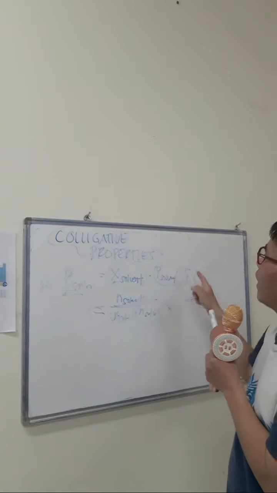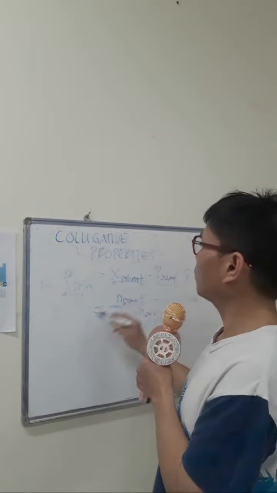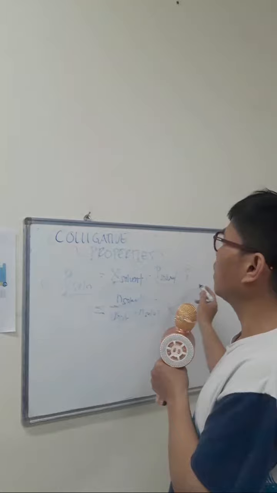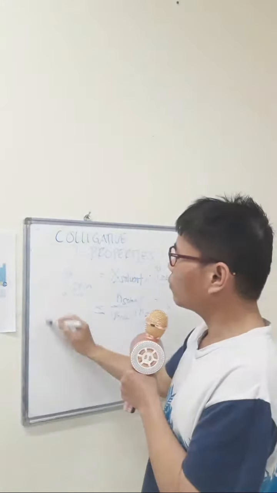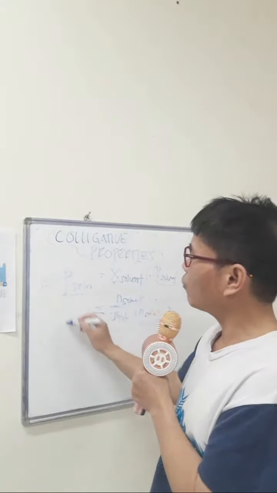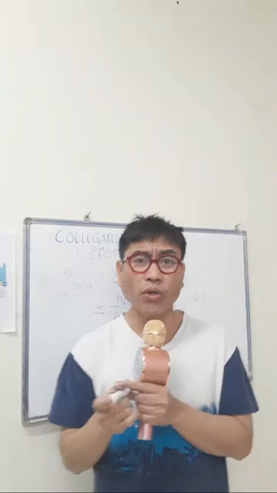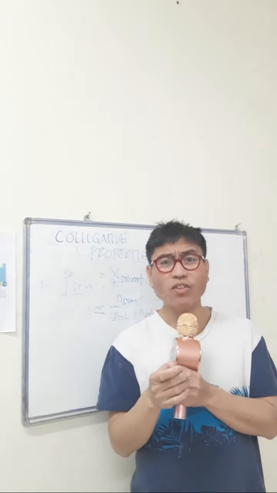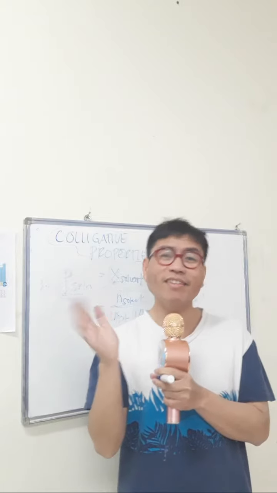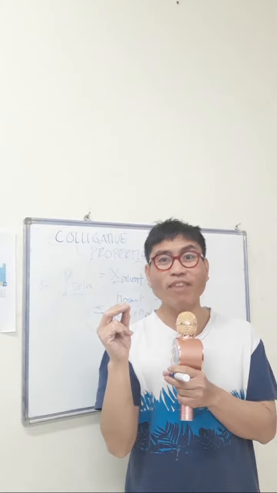Now take this relationship: if you add more non-volatile solute, more concentration, more molarity, your vapor pressure will be lower. That's why it's called vapor pressure lowering of the solution. At this time, it is not the solute but the solution whose vapor pressure is lowered.